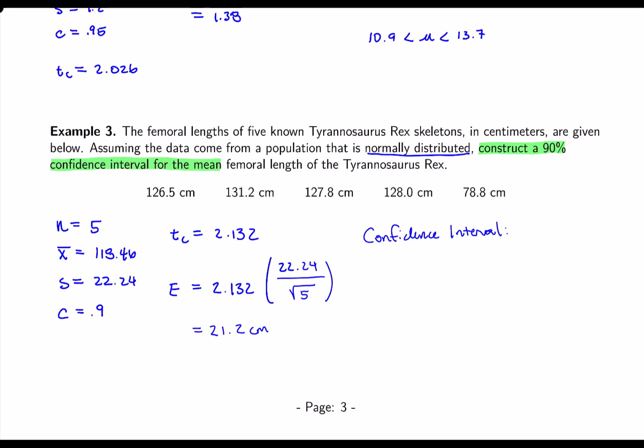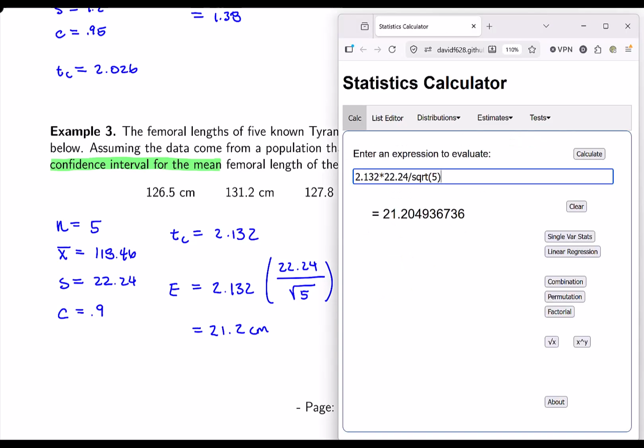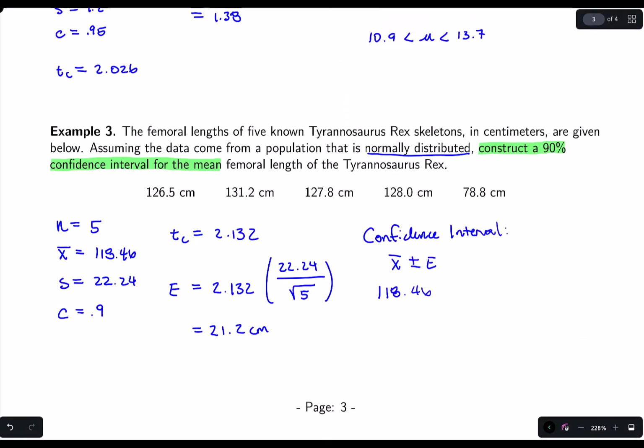And based off of this confidence interval, which would be the point estimate plus or minus the margin of error that we just found. So our point estimate here is 118.46. And did I just round that to? Oh, it was 21.20. So, all right, that's fine.